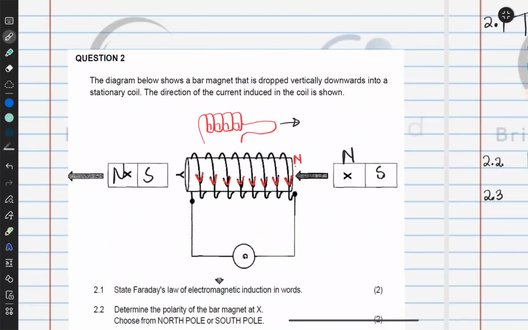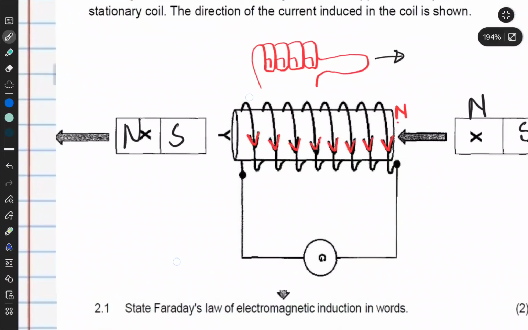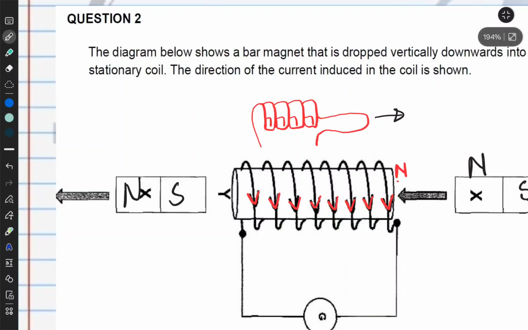In 2.3, we are being asked, what is the polarity of the coil at Y as the bar magnet exits the coil? Choose from north pole or south pole. We apply the very same principle now.